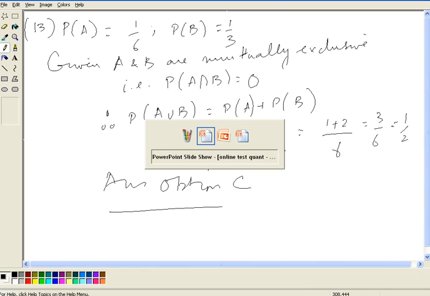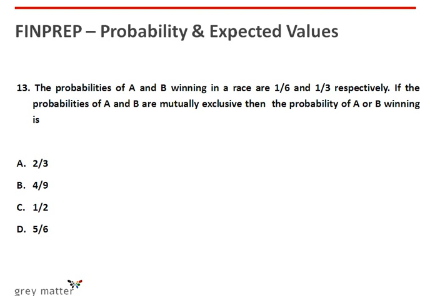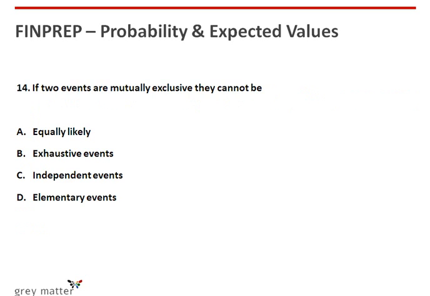Going to our PowerPoint presentation, it is option C, which says 1 by 2. 14th question, if two events are mutually exclusive, they cannot be independent. That is, the very definition of mutually exclusive means if out of the two events or any number of events, if one occurs, then the other won't occur, and vice versa.